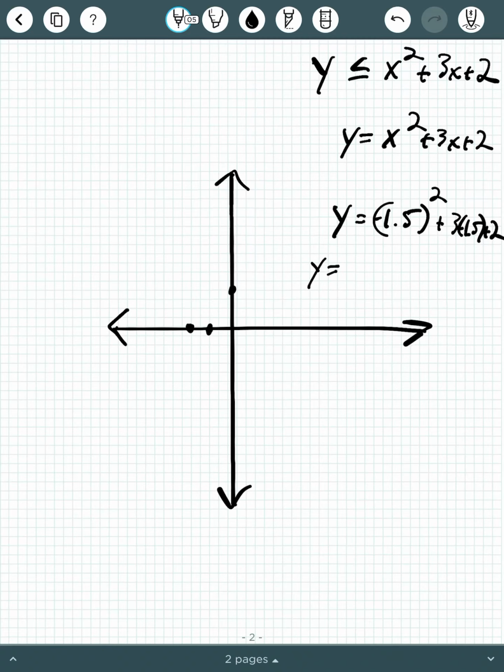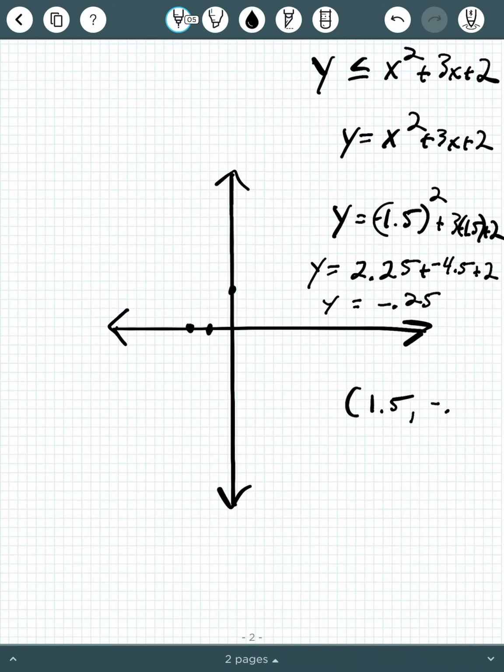So if we work with that, well, y is equal to -1.5 squared, which is positive 2.25. 3 times -1.5 is -4.5. And then 2 is just 2. So combining like terms here, we actually end up with just -0.25.